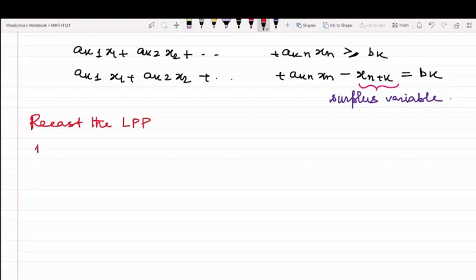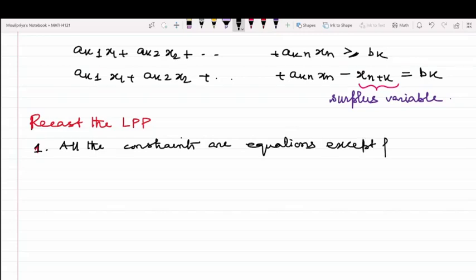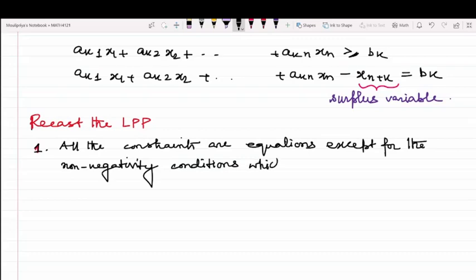Number one, all the constraints are equations except for the non-negativity conditions, which remain inequalities.